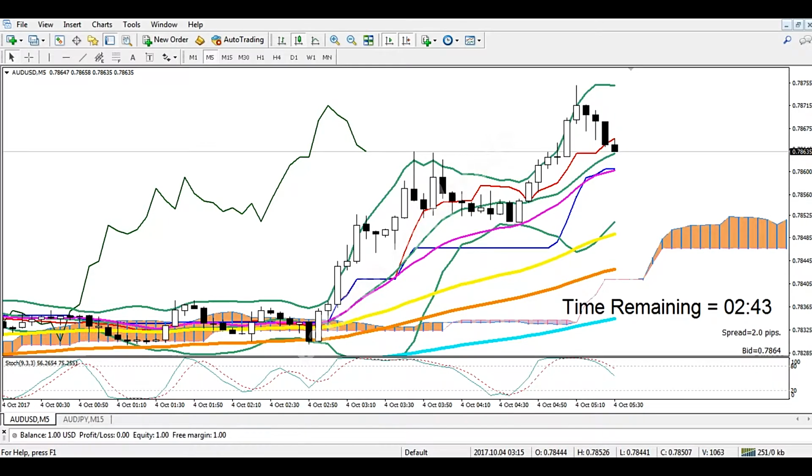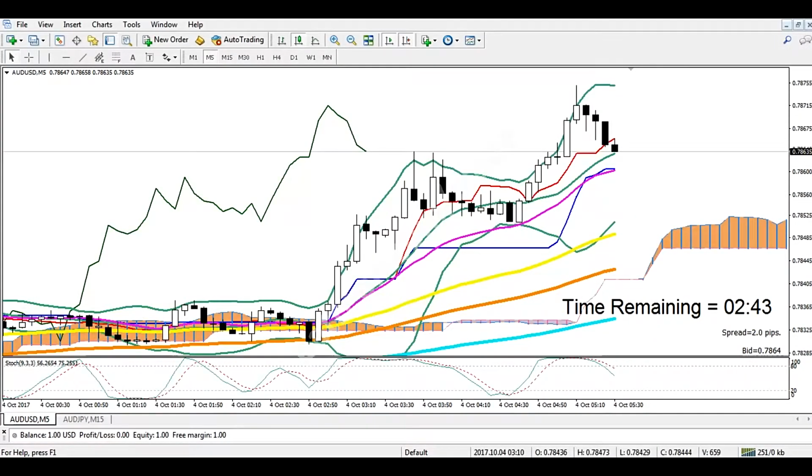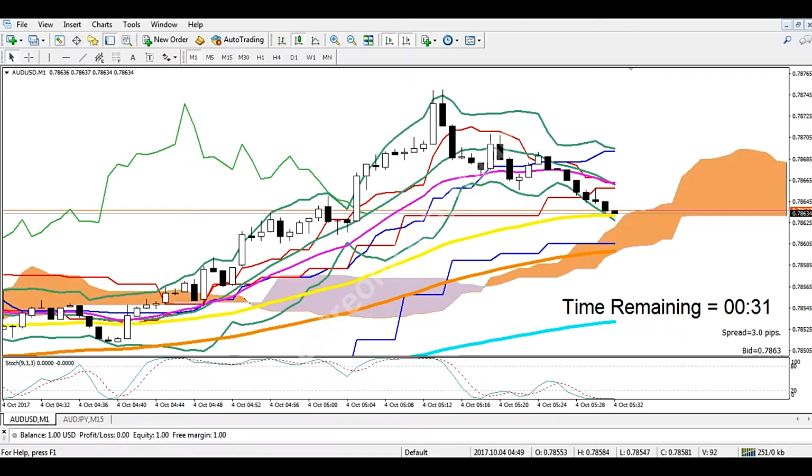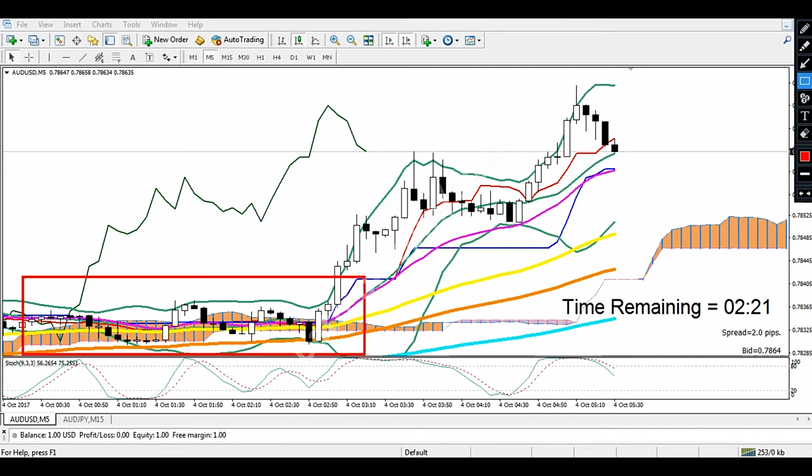And when we are doing a reversal strategy, we can also watch how the Bollinger Band moves. We do not enter when the Bollinger Band is moving sideways. Like this area around here, the Bollinger Band is moving sideways. This one is also moving sideways.